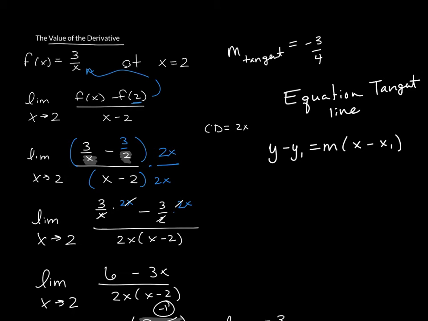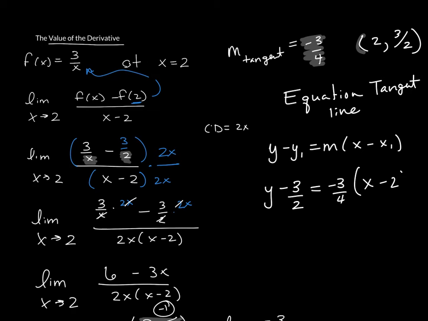And in this case, we already had that the slope was equal to negative 3/4, and our point was given to us that x was equal to 2, and then we substituted that 2 in to find the y value, which is 3 halves. So plugging that in, I get y minus 3 halves is equal to negative 3/4 times x minus 2.